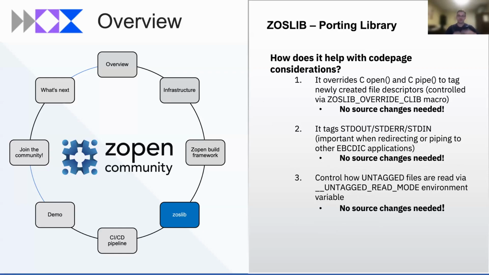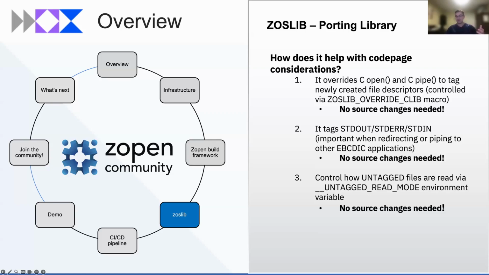So it's really a library aimed at filling the gap between zOS and Linux, so that you don't really have to worry about some of the more common known issues that you come across when porting. It really minimizes the number of changes that you need to consider. And here's just a couple of examples of those changes.